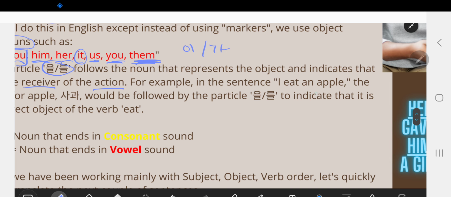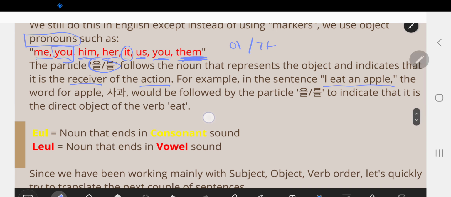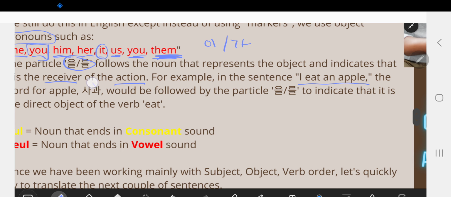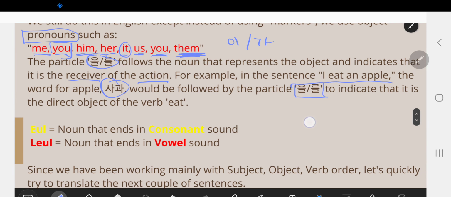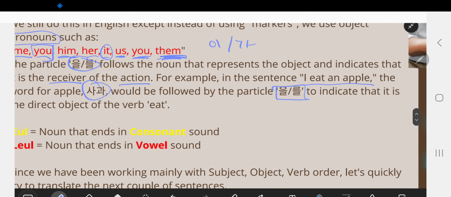So for example, in the sentence "I eat an apple," the word for apple, 사과, would be followed by the particle 를, to indicate that it is the direct object of the verb eat. So I'll put 사과, and then I'll put 를, to tell them what is happening to the apple.